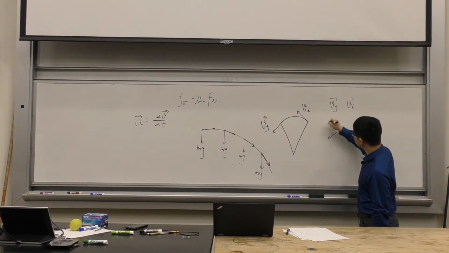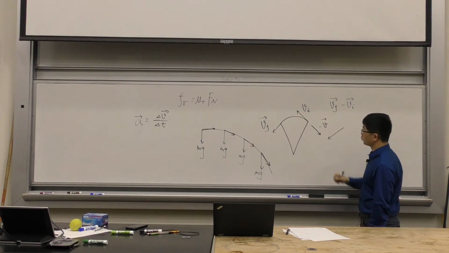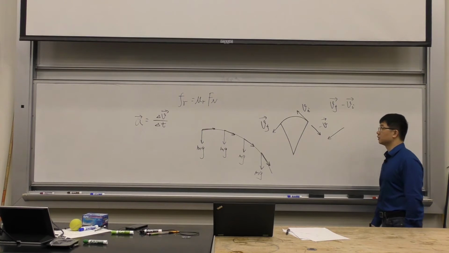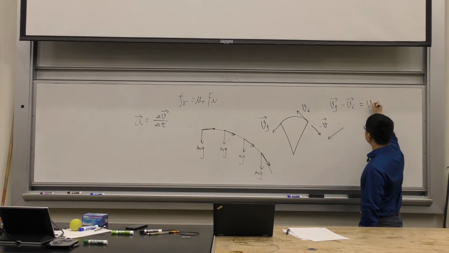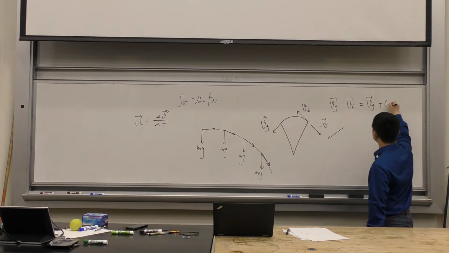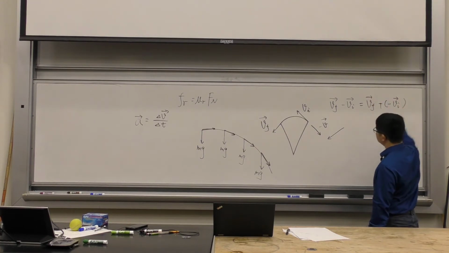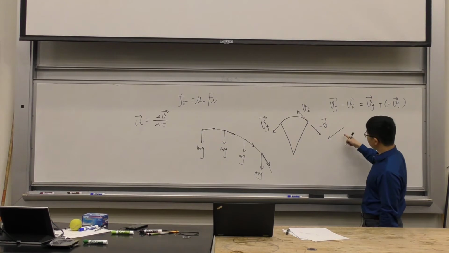So first you make a negative VI, which is in this direction. I'm going to show you how to derive this. Then this equals VF plus negative VI. And then how do you add these two vectors? You're going to draw the second vector starting from the tip of the first.